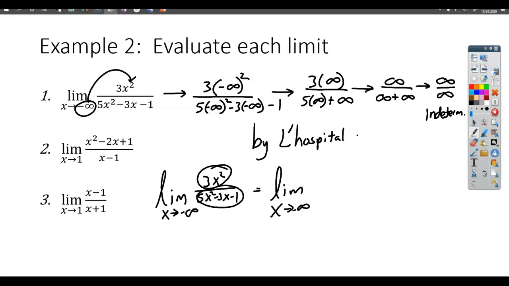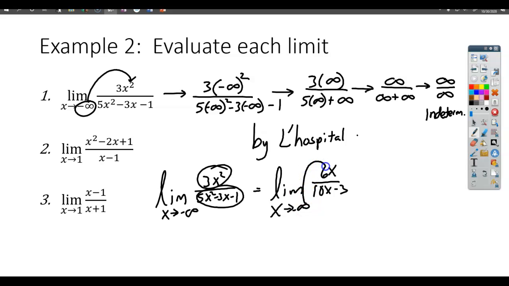What's the derivative of 3x squared? That would be 6x. What's the derivative of the bottom? That would be 10x minus 3.